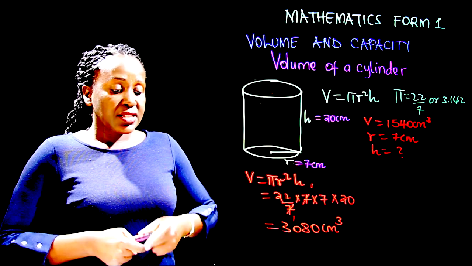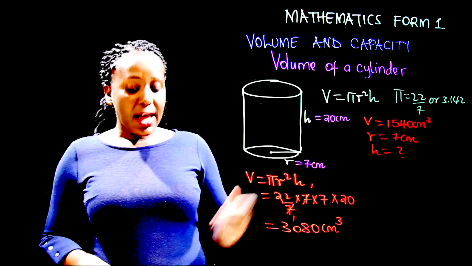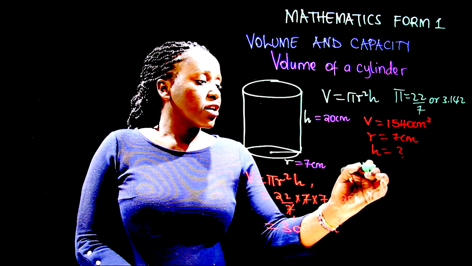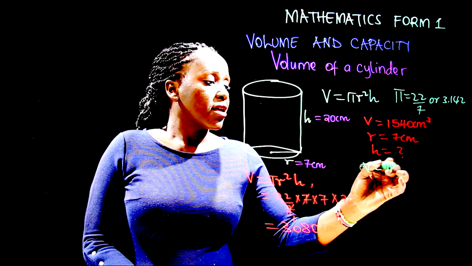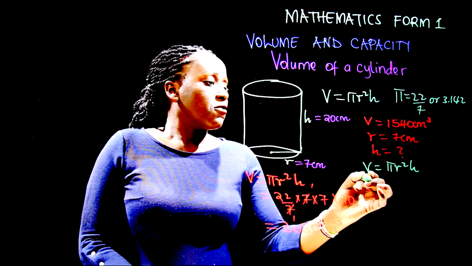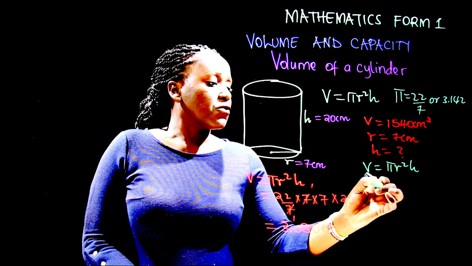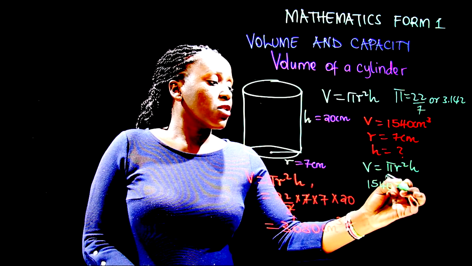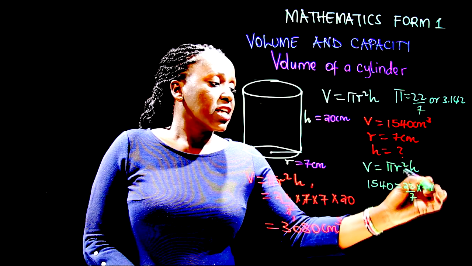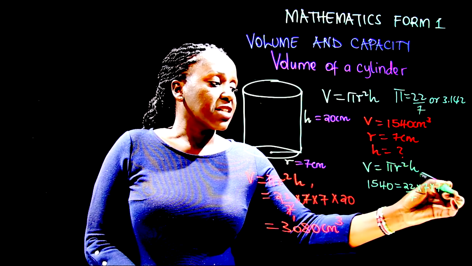So basically you just apply this in the formula. So we know that volume is equal to pi r squared height. So volume is 1540, which is equal to 22/7 times the radius, which is 7, times 7 times the height.